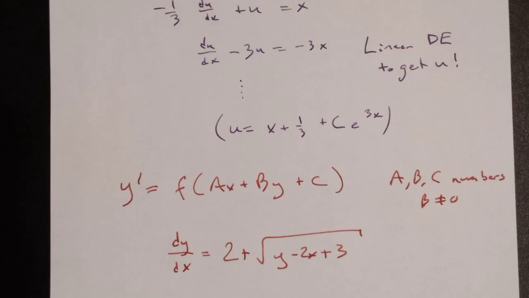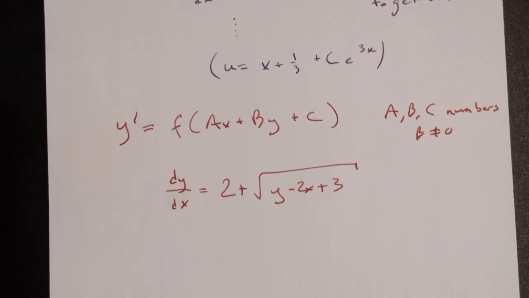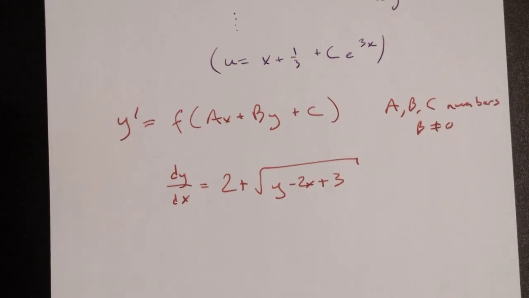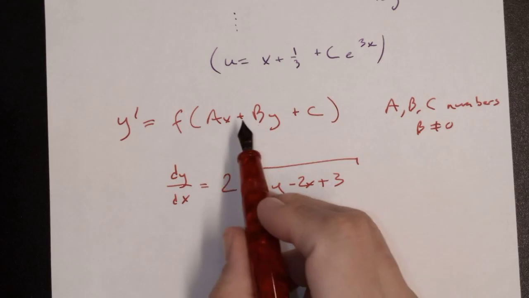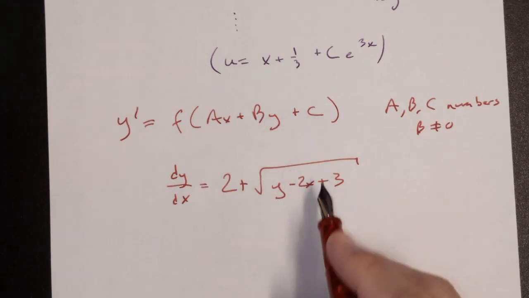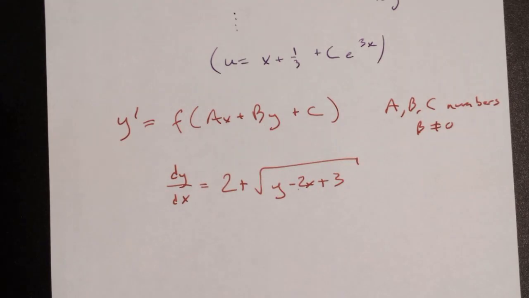That's gross, right? I hate that thing under the square root. But it's linear, as in everything is to the first power. Not linear like the linear differential equation, but linear in the original sense, first powers, under the square root. Like it shows right here. Number X, number Y, number alone.